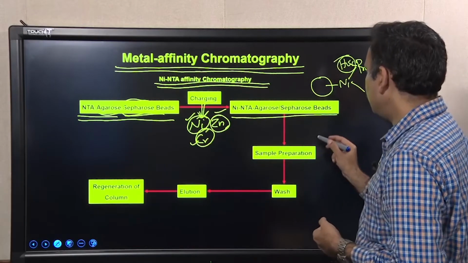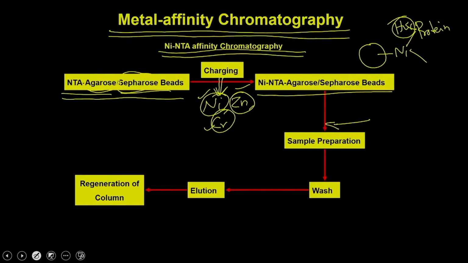So, now what you do is you apply the sample, which means you apply your cell lysate. After that you have a washing step, so that you remove the unwanted proteins, and once you are done with that, you do the elution. Elution can be done in multiple ways, and it can be done with counter ions.